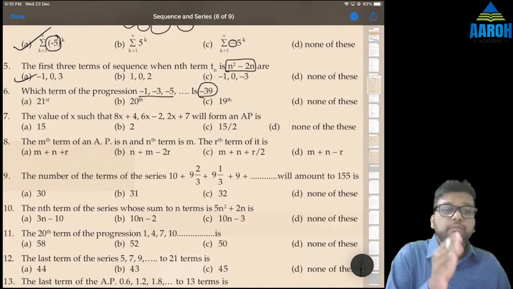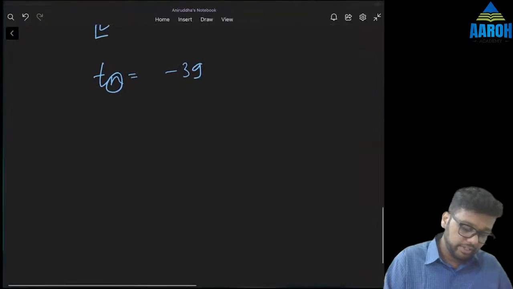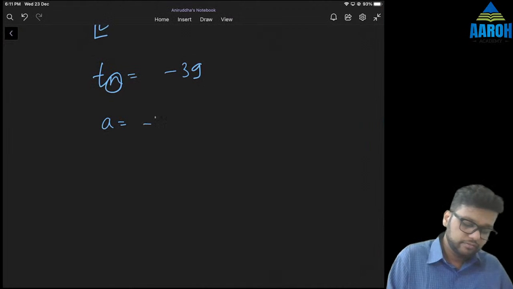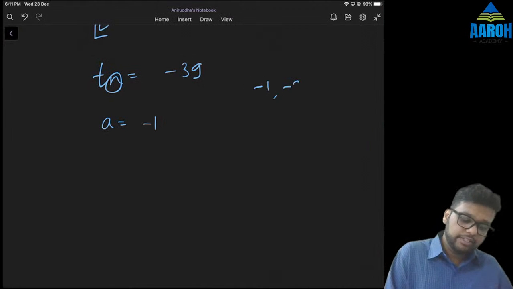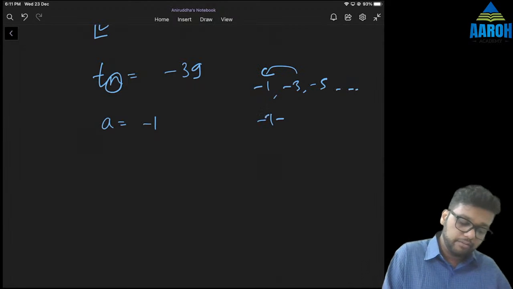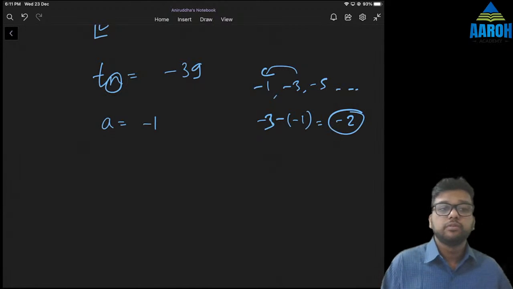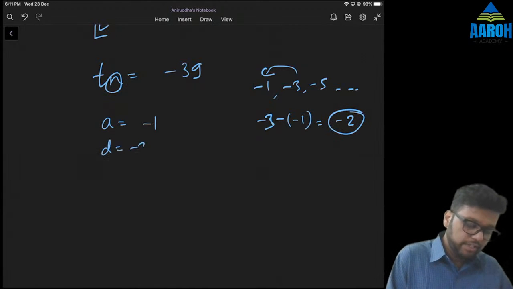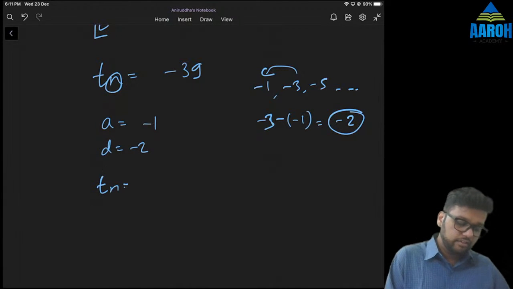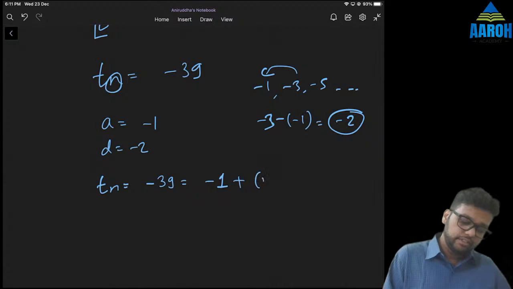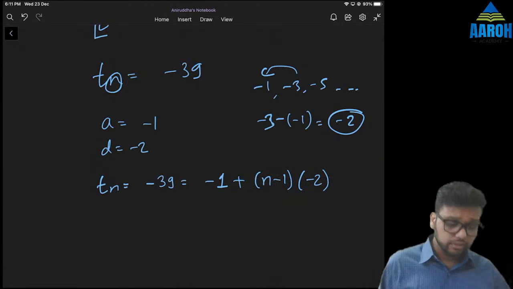So -1, -3, -5 dot dot dot, that means first term is -1, and if the AP is like this, then common difference is -3 minus -1, that is -2. So common difference is -2. We know that Tn, which is minus 39, is equal to A plus n minus 1 into D. Right, so we can solve this.